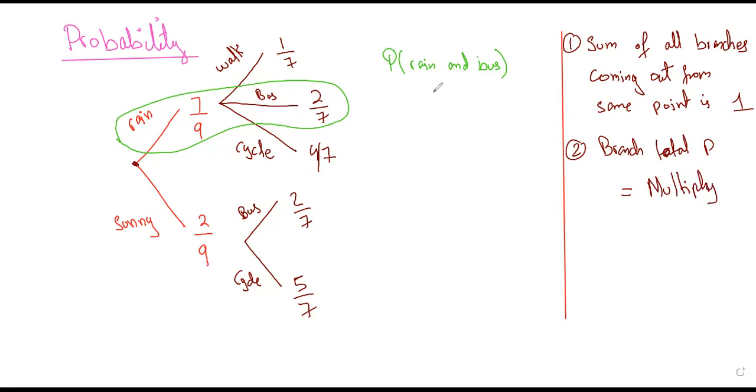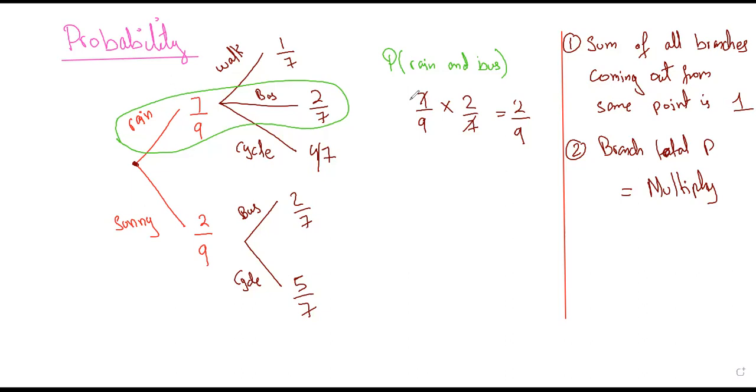So what do we do? We do, for rain it is 7/9. For bus it is 2/7. So 7 and 7 can be cancelled and the answer is going to be 2/9. Yes, check your answer once again. It should be 2/9. Because look, it says what is the probability that it is a rainy day and is going by bus.